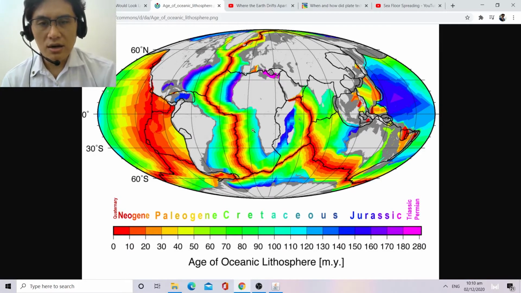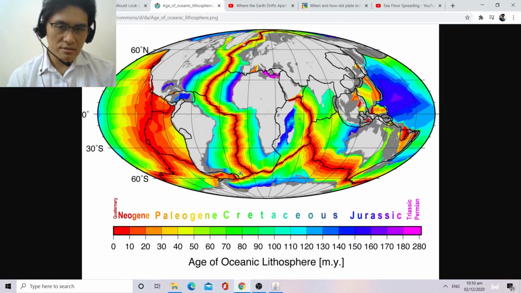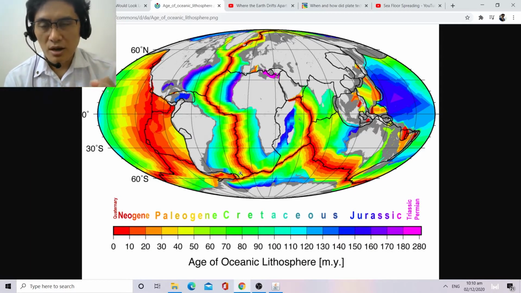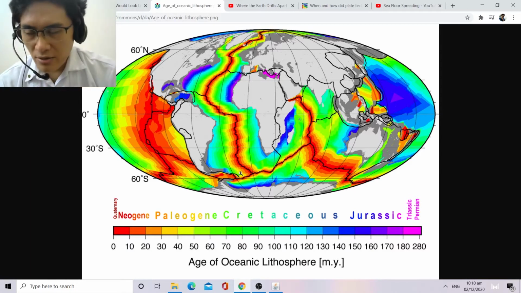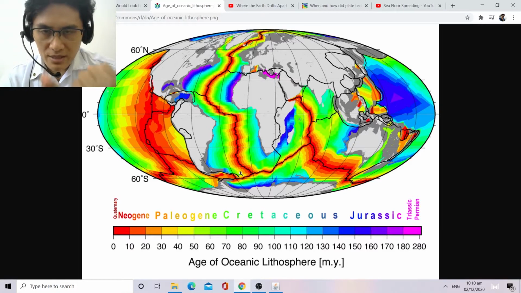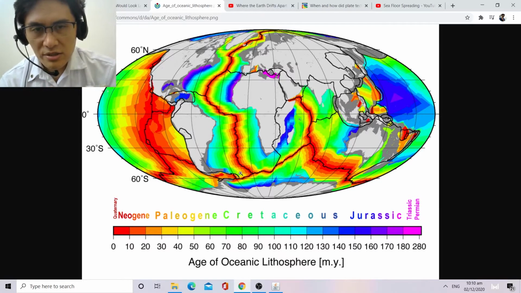So you have this gradual aging where the center of the ridge is always the youngest. So that's one of the points that I point out. Rocks at the center of the ridge are younger. That's one. Second, rocks away from the ridge are older.